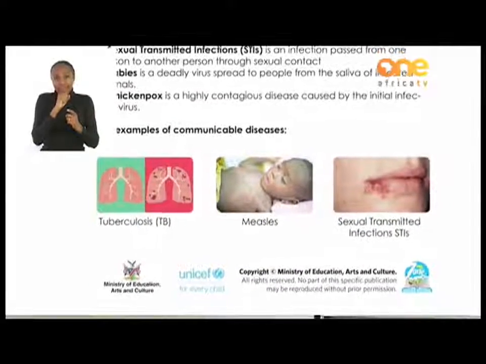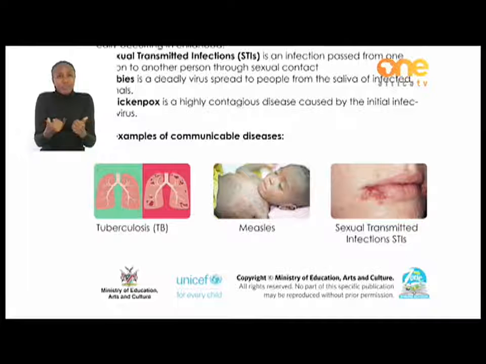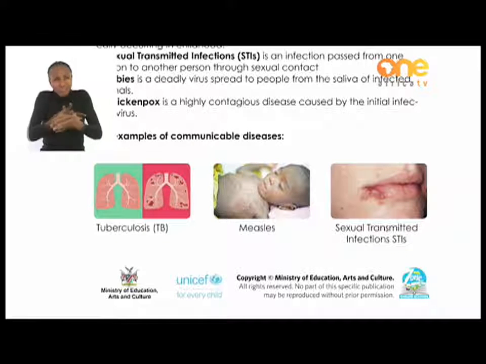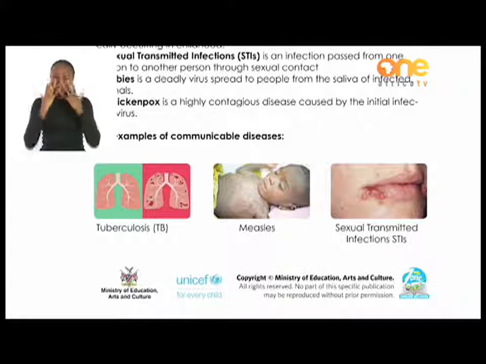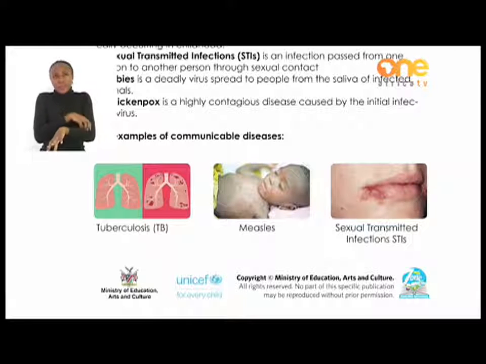You will have high fever, coughing up blood, weight loss, and sweating at night. Measles, you will have a dry cough, sore throat, fever, as well as a running nose.